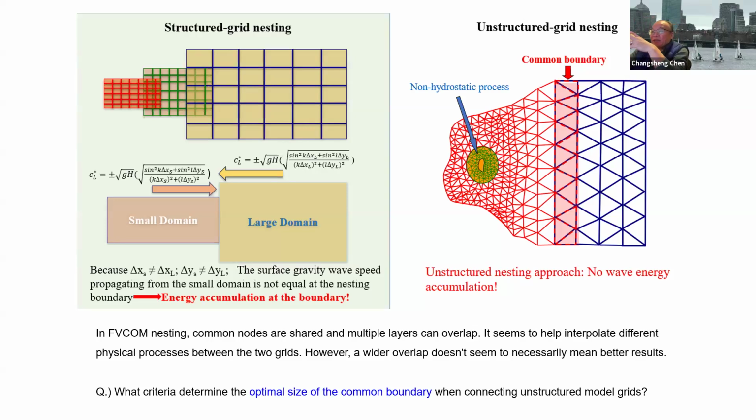Okay, but the MIT group, I know there's a professor who came from Harvard University, said that we can do the same thing. He said we do have energy accumulation in the structured grid model, so they know mathematically how much energy can accumulate.